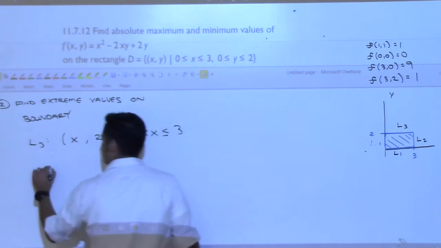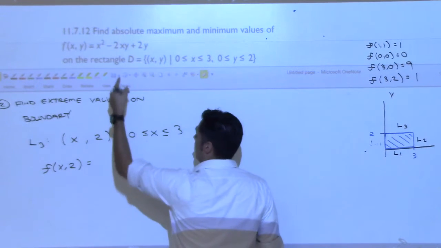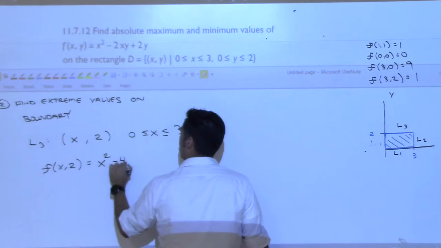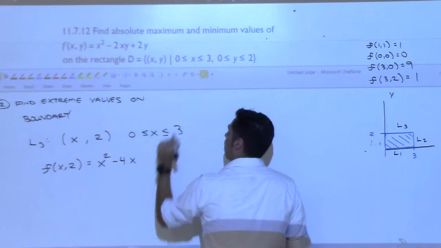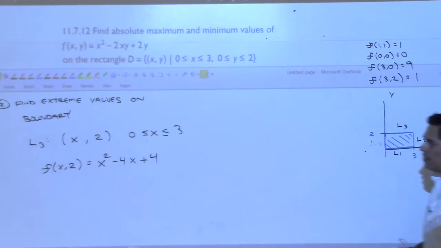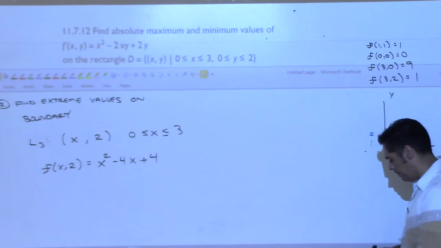Okay, so now we plug this in. And when we plug that in up there, x's stay x's, y's become 2's. Just agree. If you agree, let me know. Fernando? Okay, there you are.